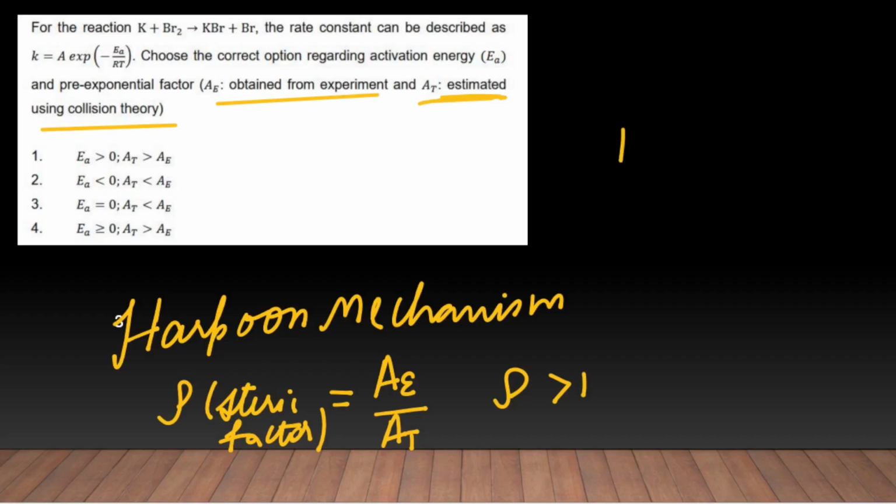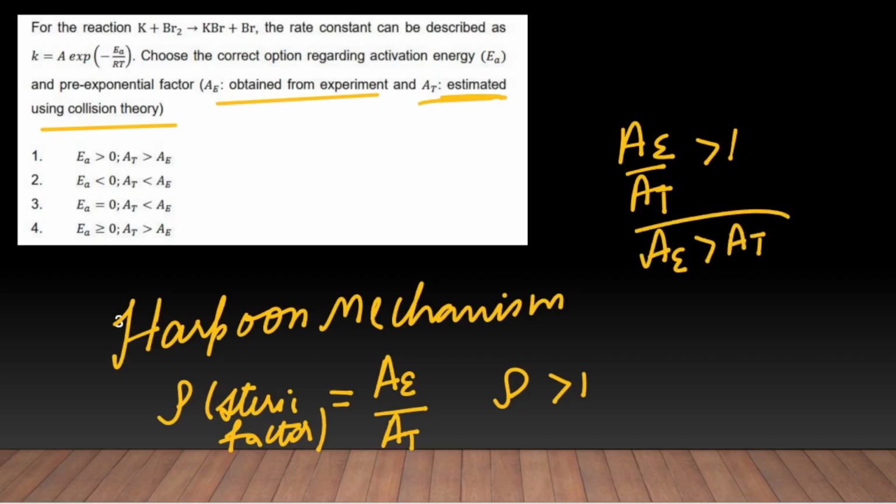That means the AE by AT ratio is greater than 1, so the AE value is more than that of AT. So this is the condition we are getting. Now the other thing they are asking is about the activation energies. So this activation energy is always either greater than or equal to 0.